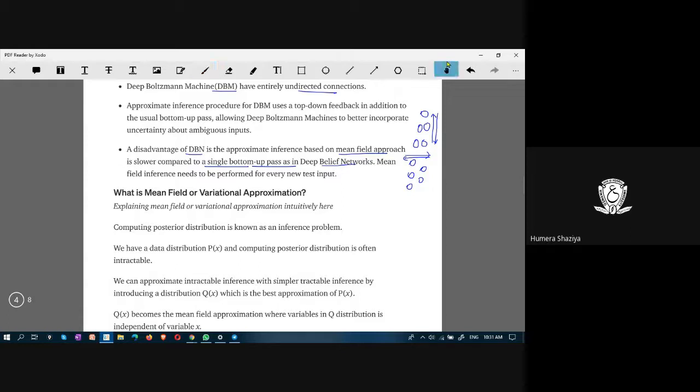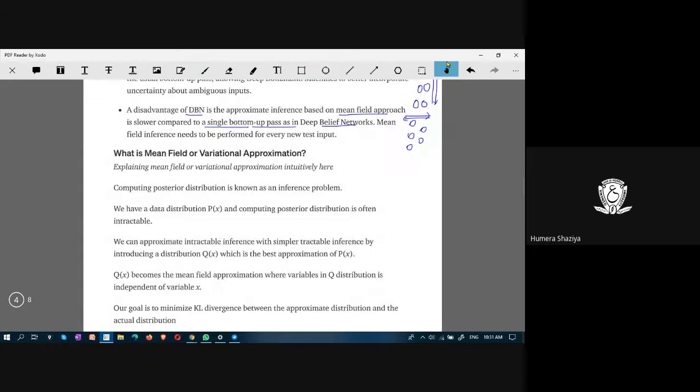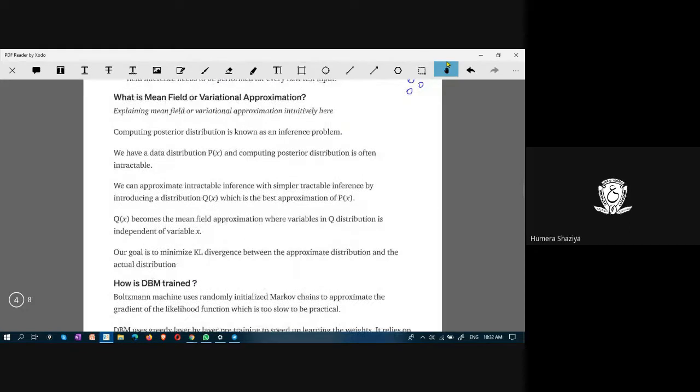This method is slower than this method. And mean field inference needs to be performed for every new test input. Because of that, it is slower.